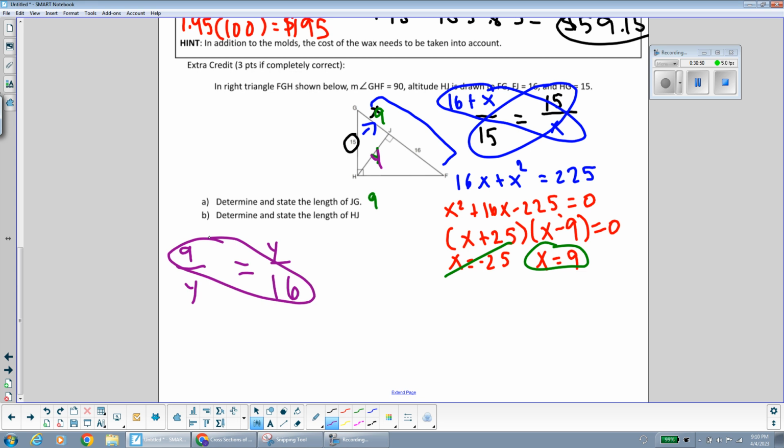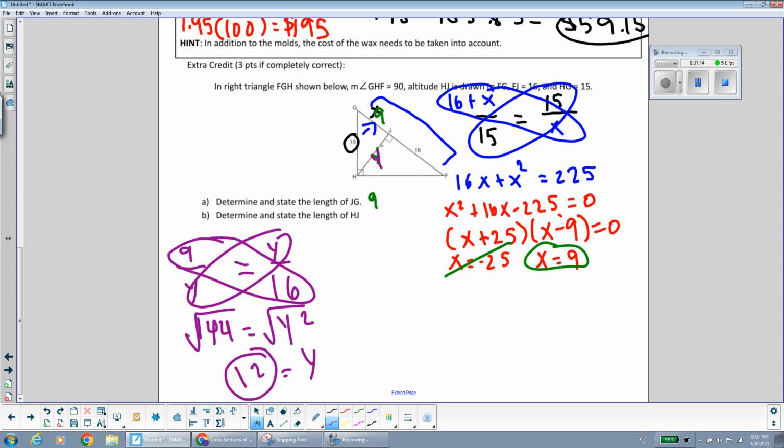So let me cross multiply. 16 times 9 is 144. And that's equal to y squared. So we have 12. HJ is 12. There we go.